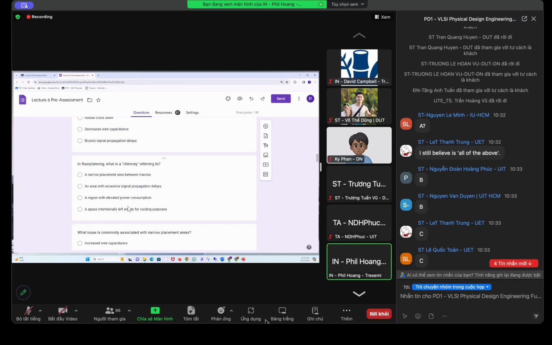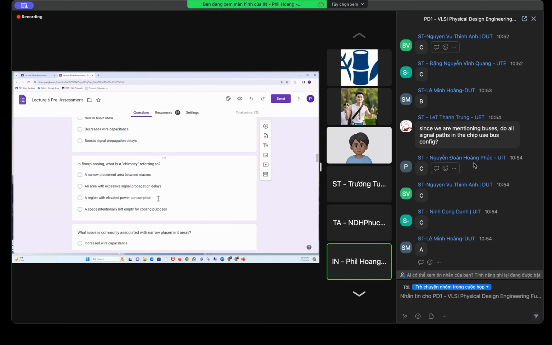In floor planning, what is a chimney referring to? A narrow placement area between macros, an area with excessive signal propagation delays, a region with elevated power consumption, or space intentionally left empty.